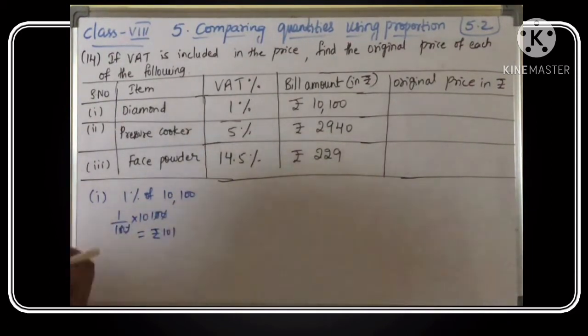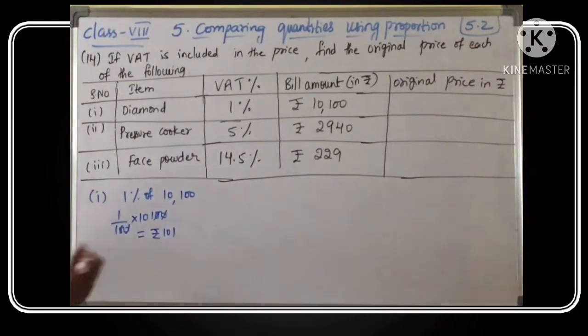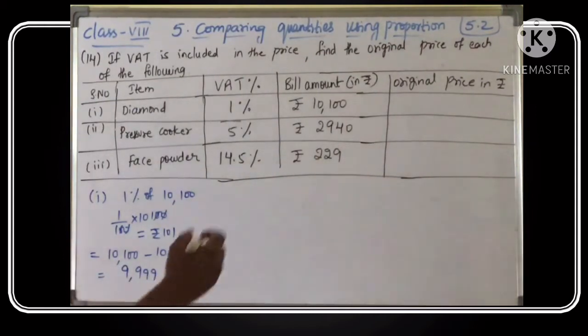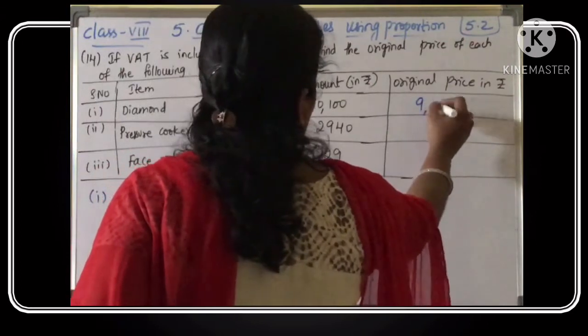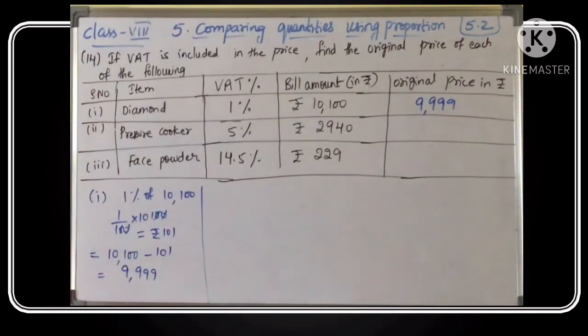So VAT is rupees 101, children. Now we subtract 10,100 minus 101, and you will get 9,999. So 9,999 was the original price, without VAT.